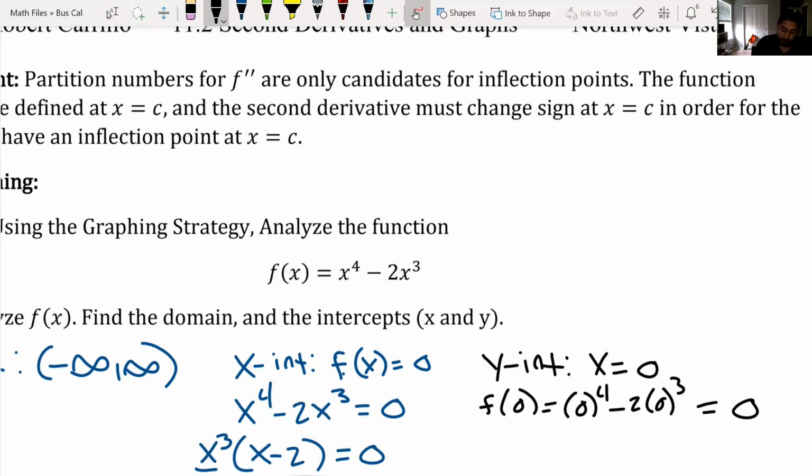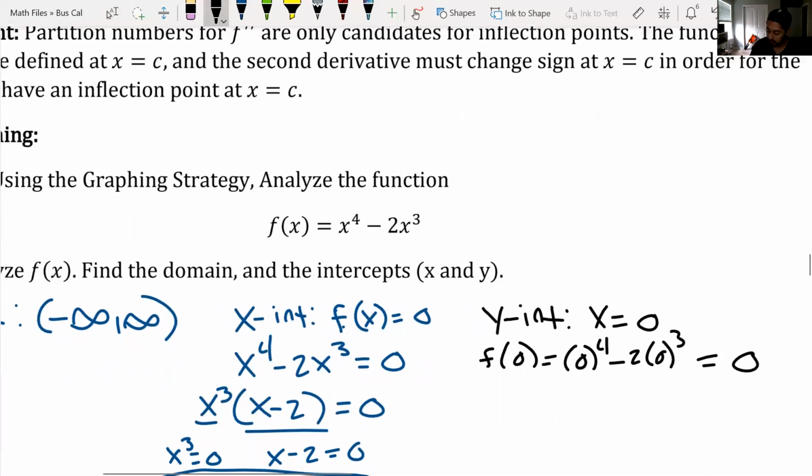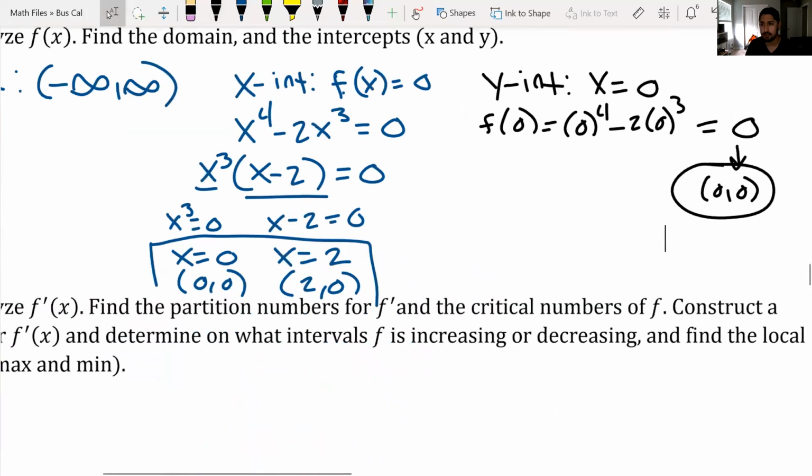So my y-intercept is going to be (0, 0). Okay, first step's done: domain, x-intercept, y-intercept. No calculus until now.